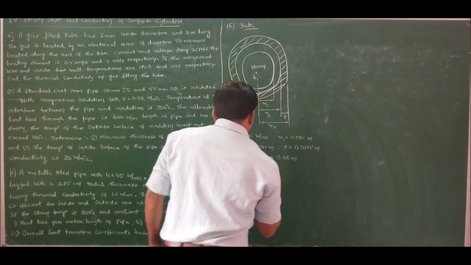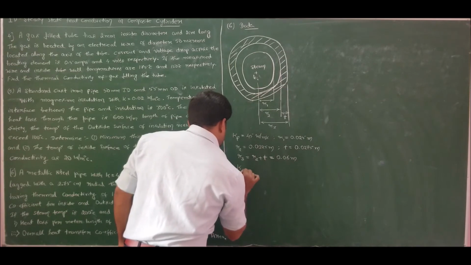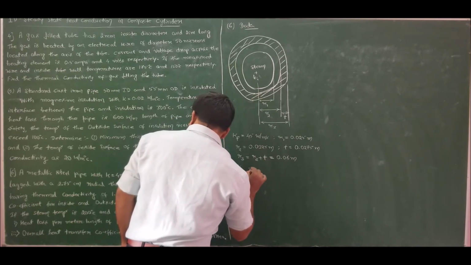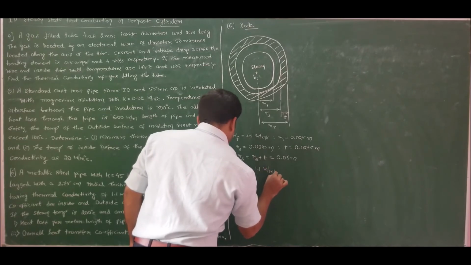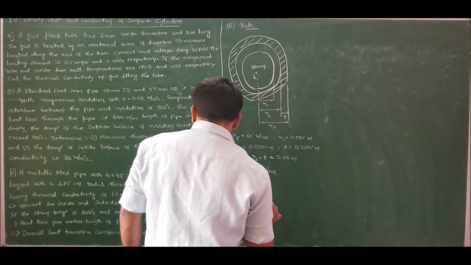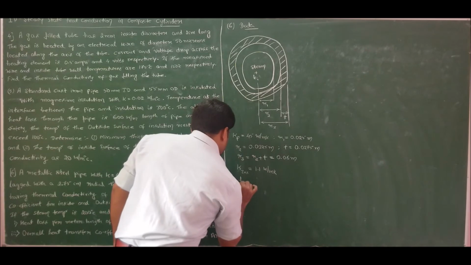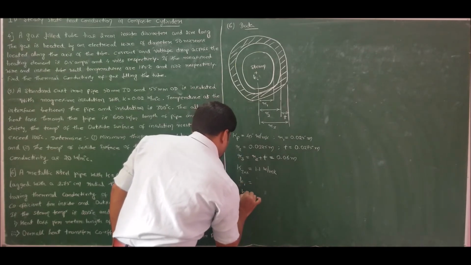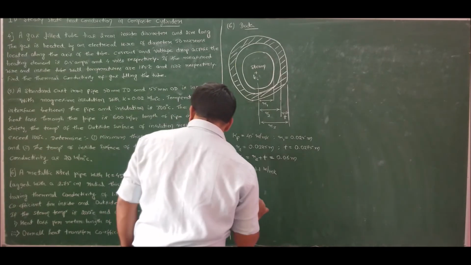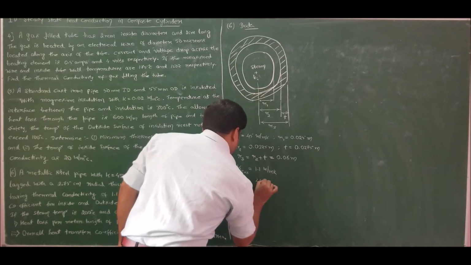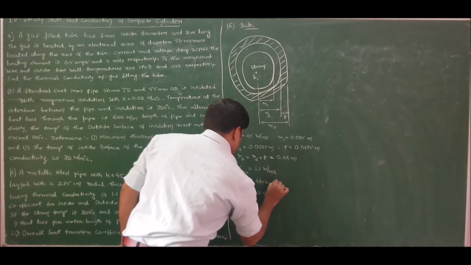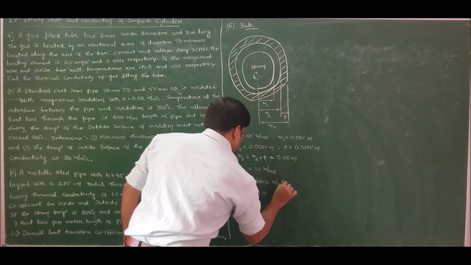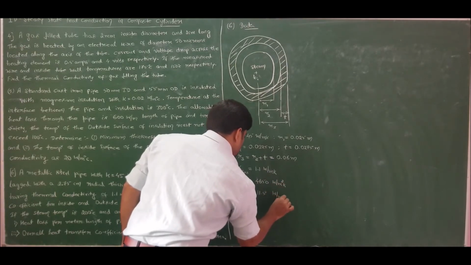And the thermal conductivity of the insulation is also given, which is 1.1 watt per meter Kelvin. The heat transfer coefficients inside and outside are specified, which are 4650 and 11.5 watt per meter square Kelvin.